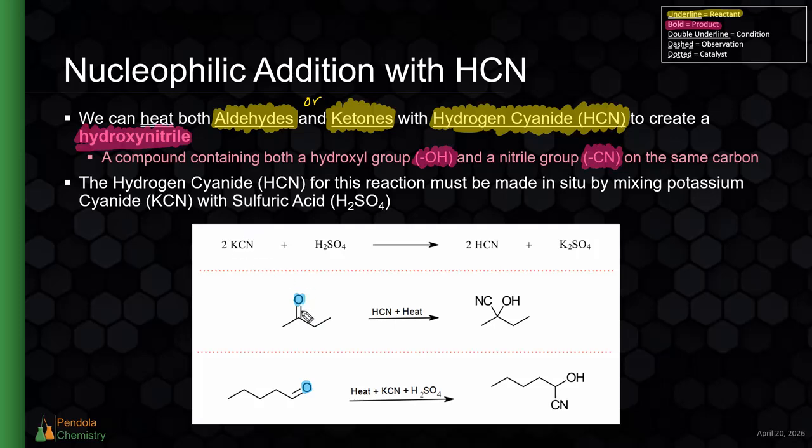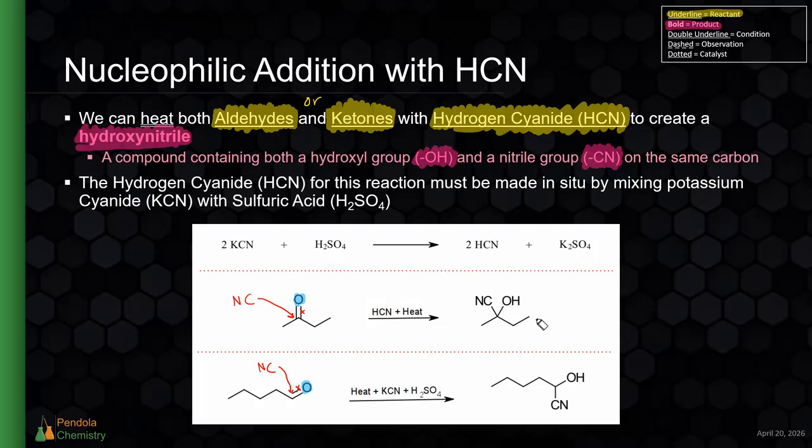So we have the double bond here. One of these bonds breaks, the pi bond, and if we want to look at the orbitals, it is going to break. And what's going to happen is that a cyanide, a CN group, is going to be added to the carbon where that double bond ends. The oxygen in the carbonyl will still be preserved, but a hydrogen will be added to it.